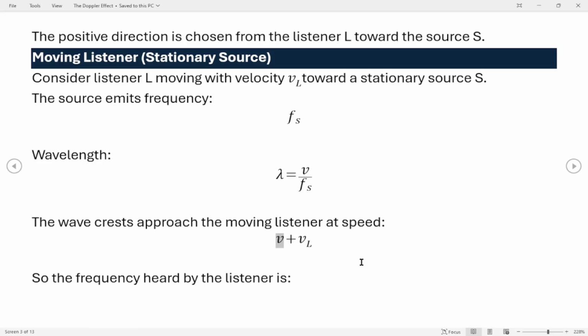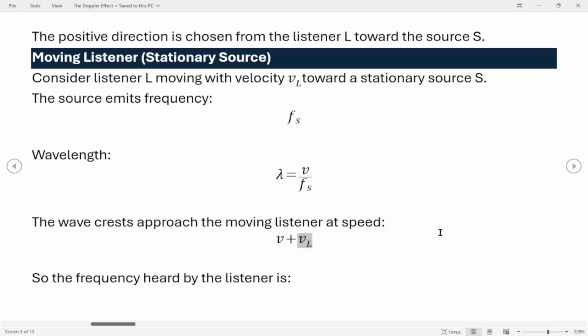In the previous example, we used air as the medium where the sound is traveling. And the v sub L here refers to the velocity of the listener. The source of the sound is stationary while the listener is moving. It could be moving away from the source of the sound, or moving towards it.